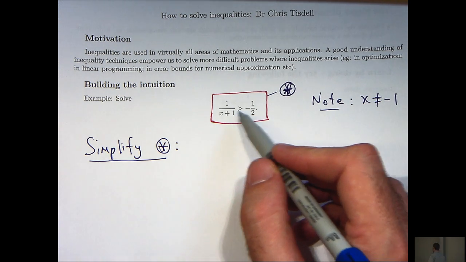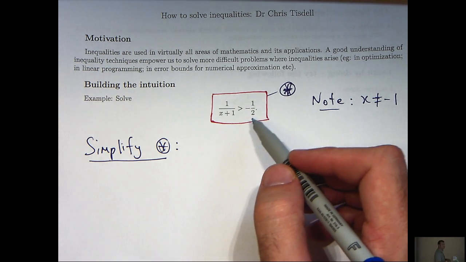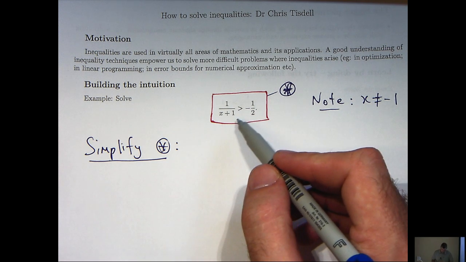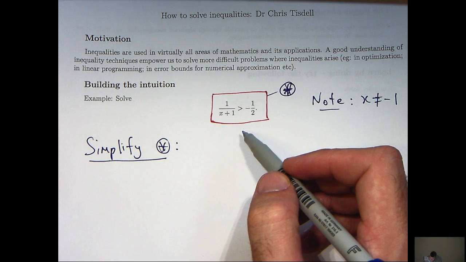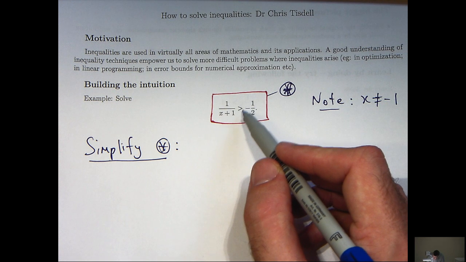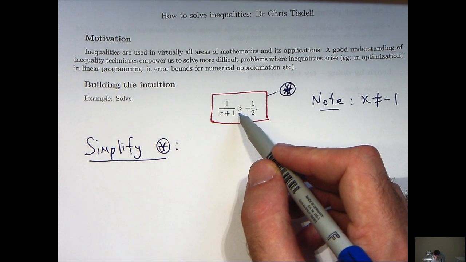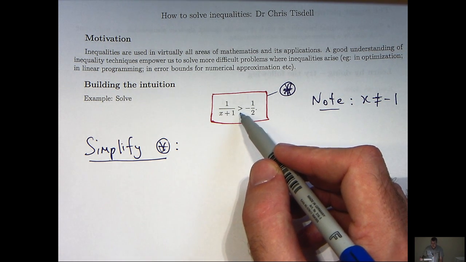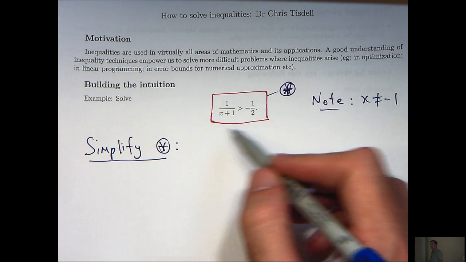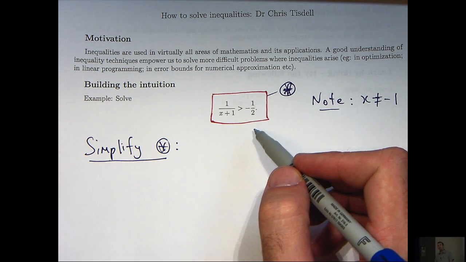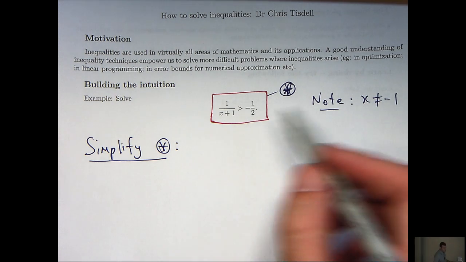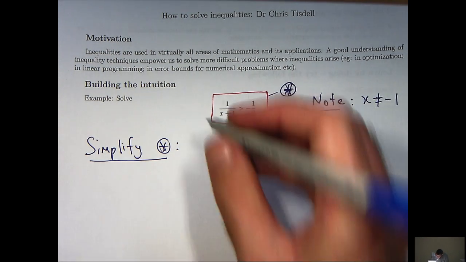So the temptation here is to multiply both sides by x plus 1, but that's fraught with danger because x plus 1 is sometimes positive and sometimes negative, and then you will have to worry about the inequality sign. So what we're going to do is multiply both sides by a positive expression. That way we can keep the existing inequality sign.